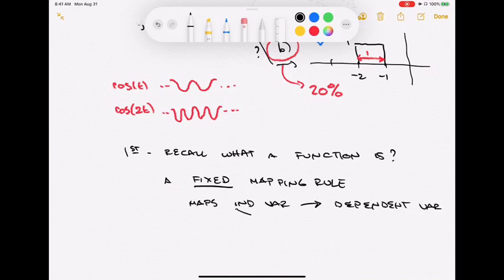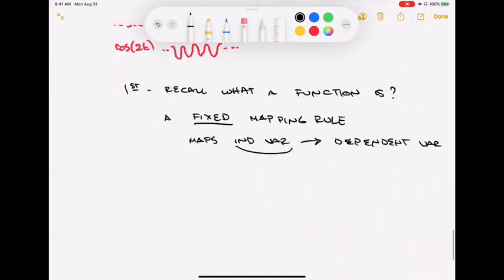Saying independent variable could be a little too restrictive. It's an independent variable, or it could be some expression involving an independent variable. Whatever it is, that's the argument of my function, and it is what gets mapped to the dependent variable. So it's a fixed mapping rule.